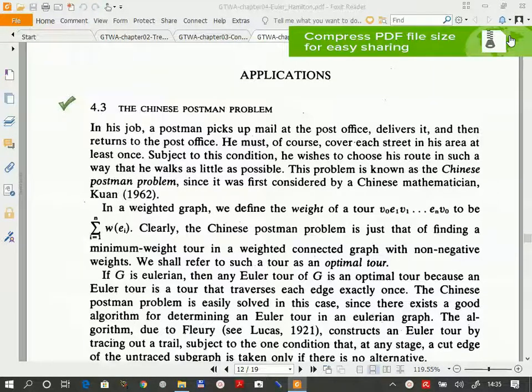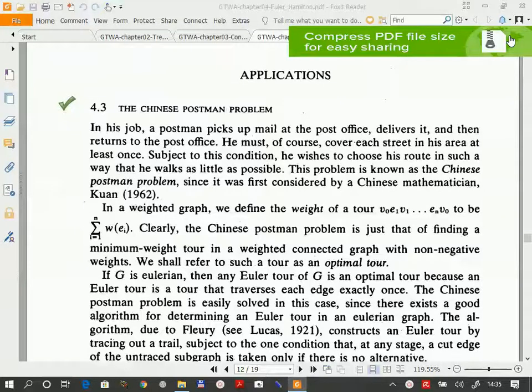And all Euler tours would be equivalent. But since it's difficult that actually your part of the town is Eulerian as a graph, then what would the postman like to do?